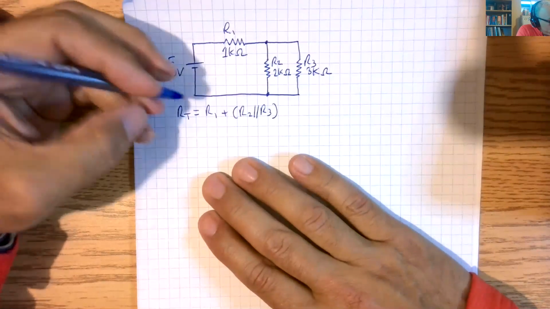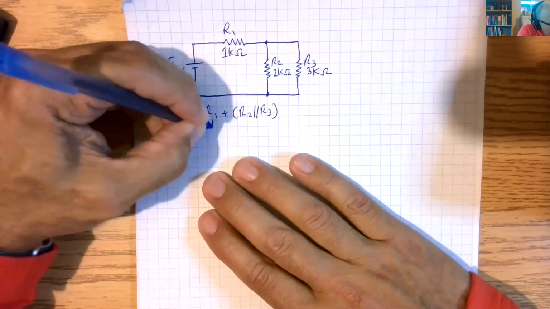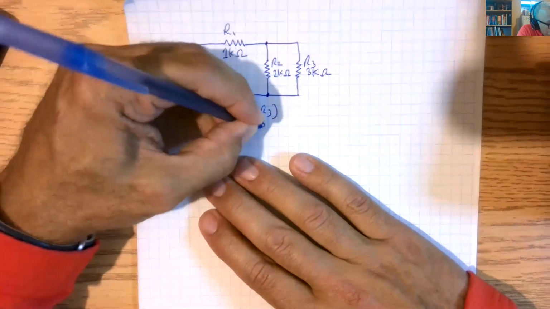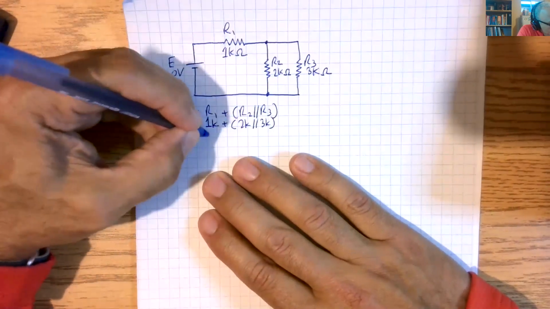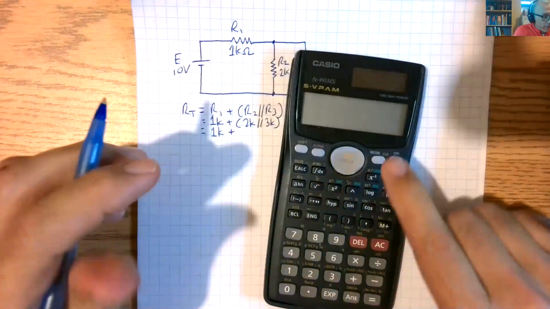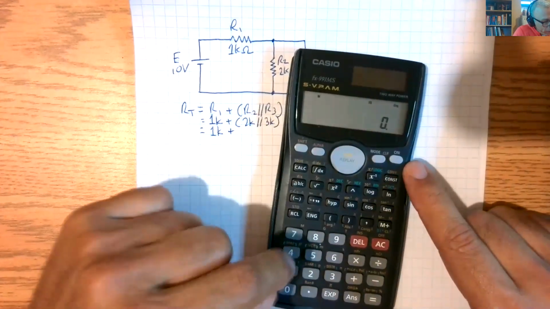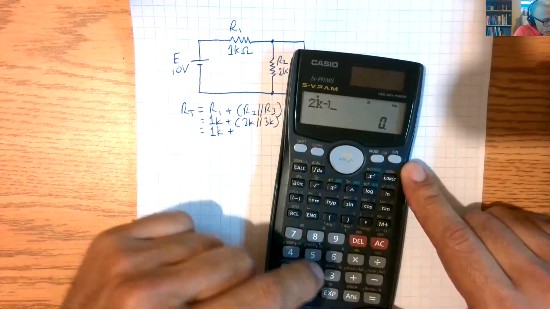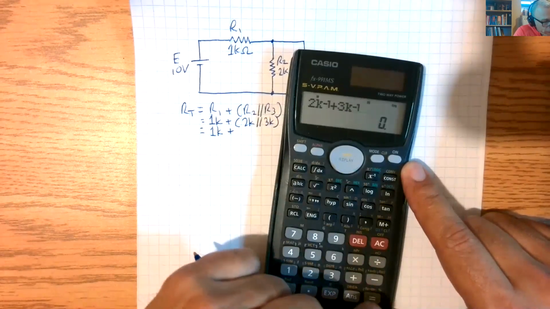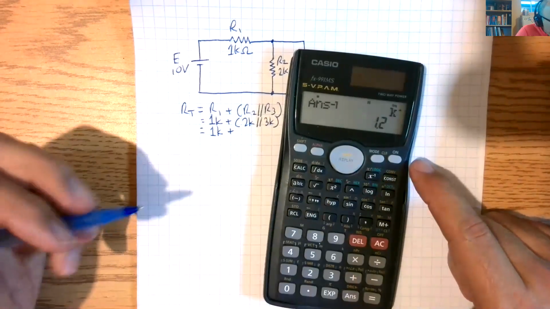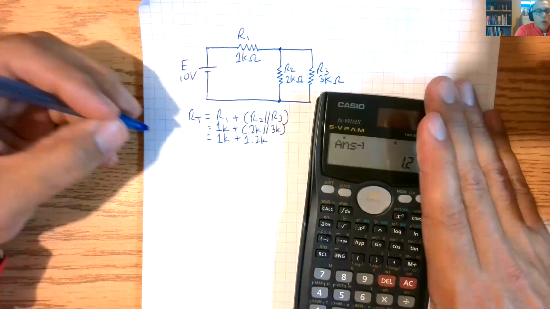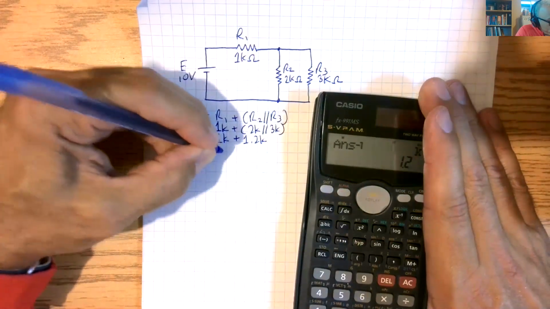So that is equal to 1K plus 2K in parallel with 3K, which is 1K plus, and if we do that quickly in our calculator, 1 over 2K plus 1 over 3K equals, and 1 over the answer, and I get 1.2K. So RT is 2.2K.